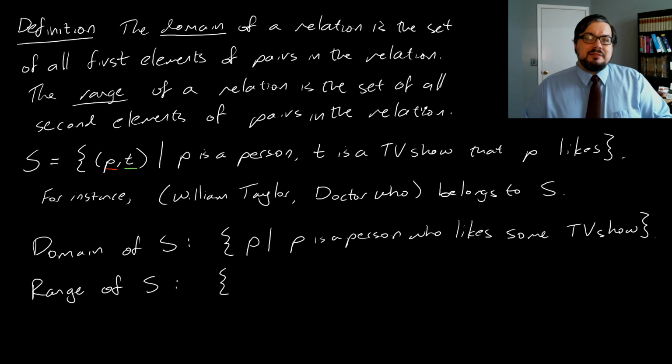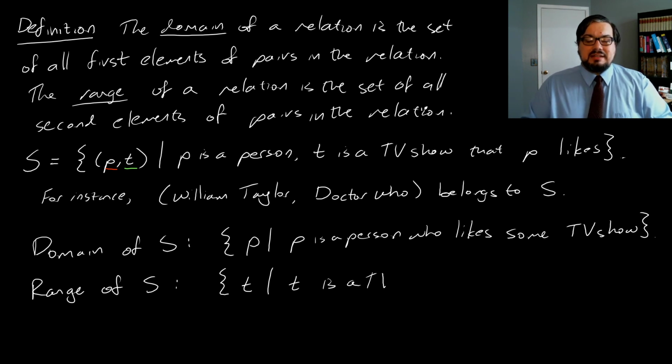In order for a television show to exist as a second element of some pair in S, there has to be some person who likes it, so that the pair of the person with the show appears as a pair in S. So the range of S is going to be the set of all T, where T is a TV show that someone likes.